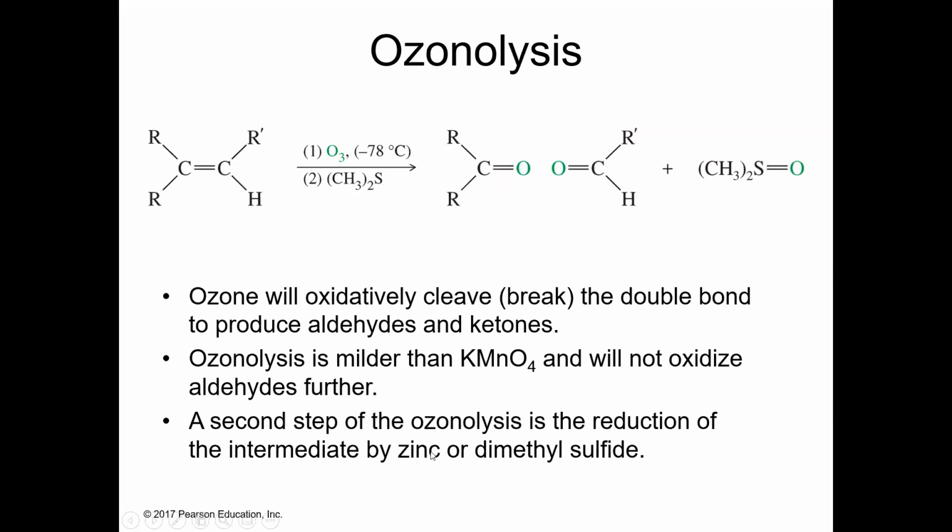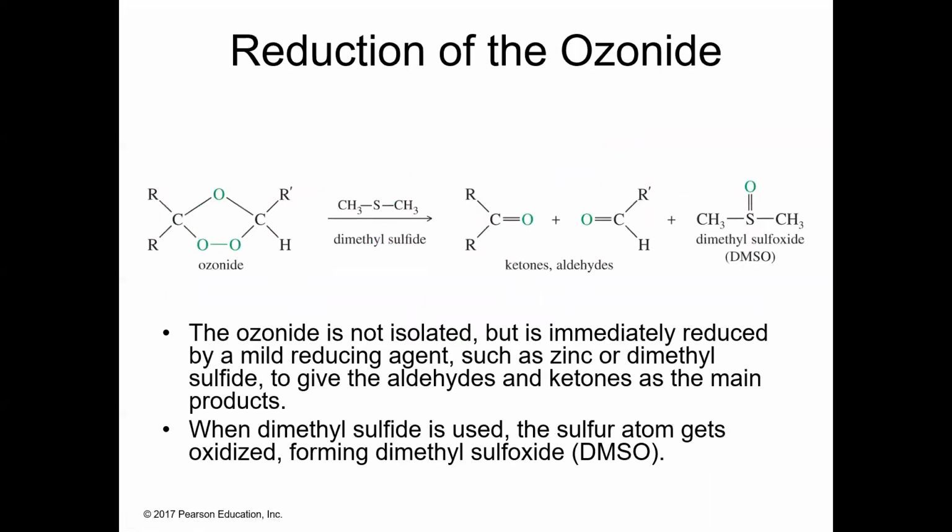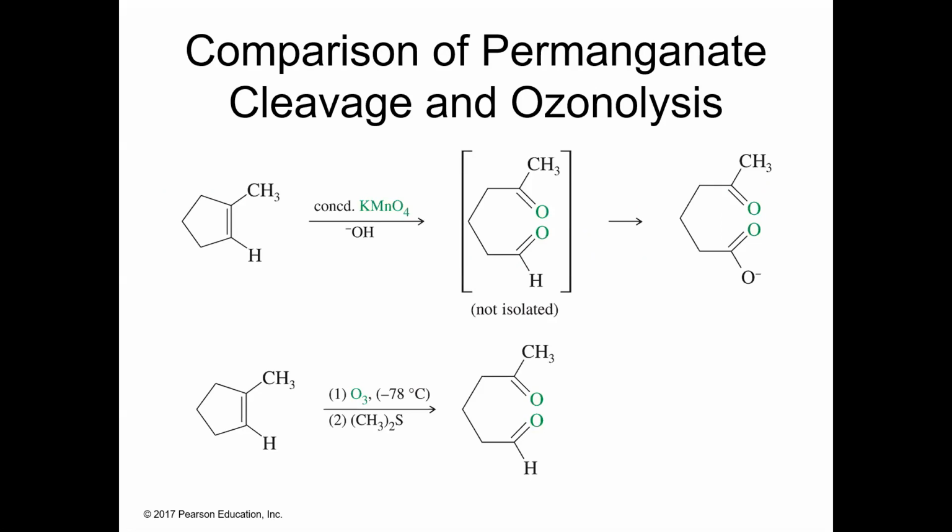Or if we're using zinc, we would get zinc oxide, ZnO. The intermediate is not isolated because it's so unstable, so it's immediately reduced. So here's the main difference: whenever we have H's attached to the alkene group, they get oxidized to carboxylic acids with permanganate. They get oxidized to aldehydes with ozonolysis.